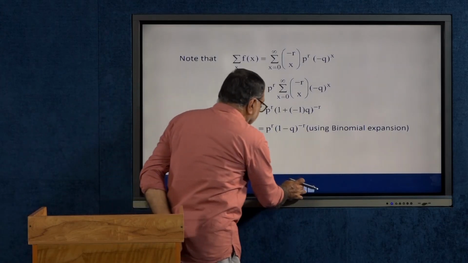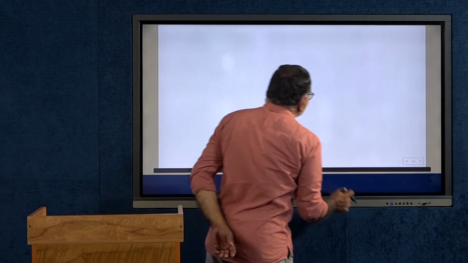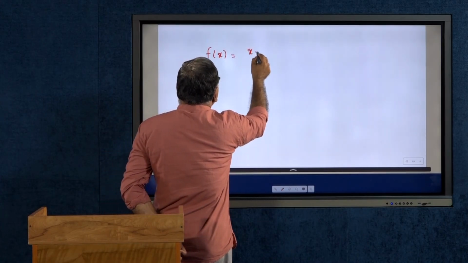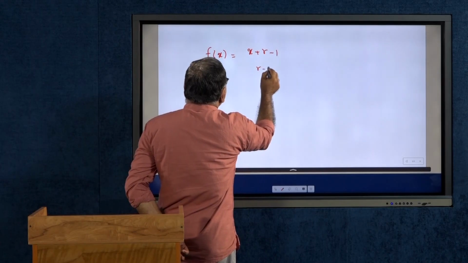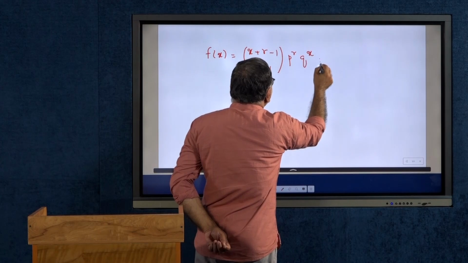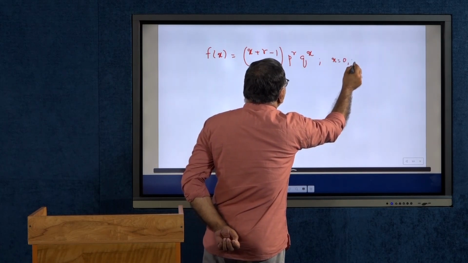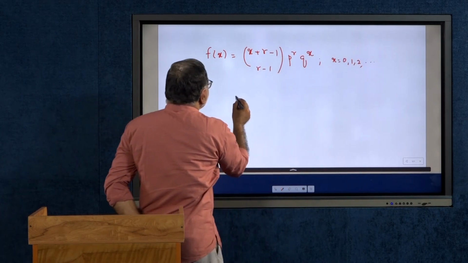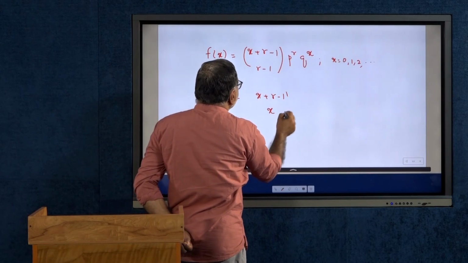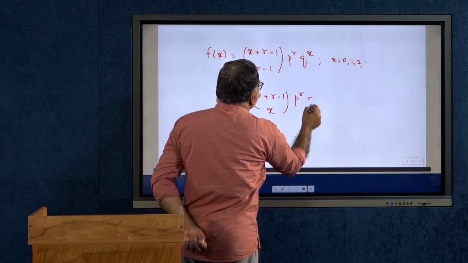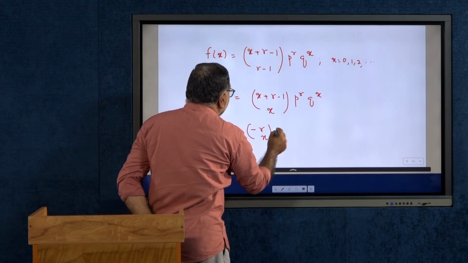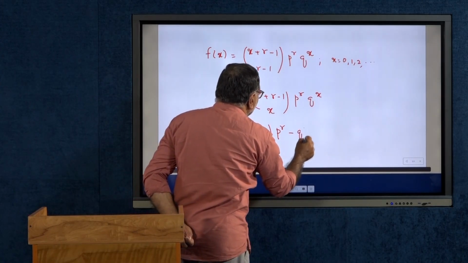One way of representing the probability mass function f of x is x plus r minus 1 c r minus 1 p power r q power x, where x is equal to 0, 1, 2, 3, etc. Or in another form, this is x plus r minus 1 c x p power r q power x, or minus r c x p power r minus q power x.